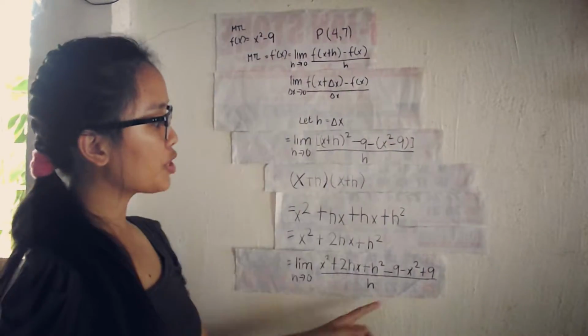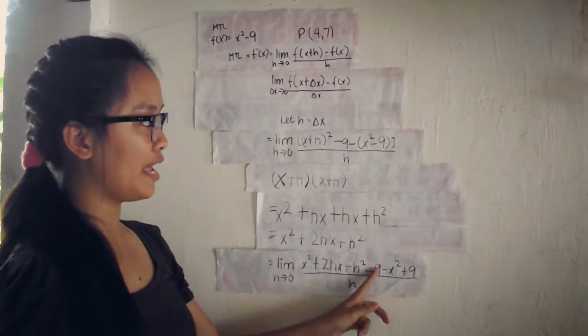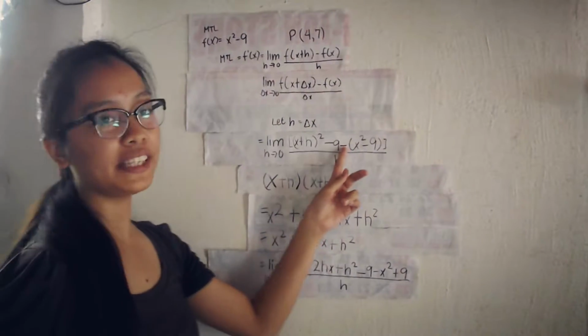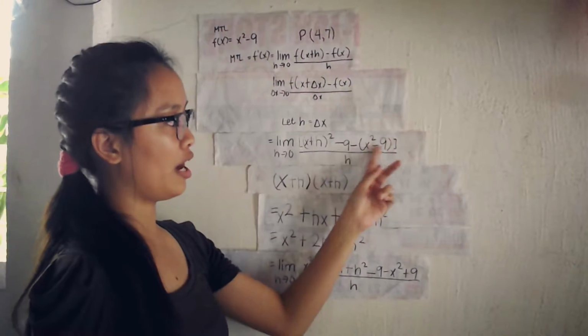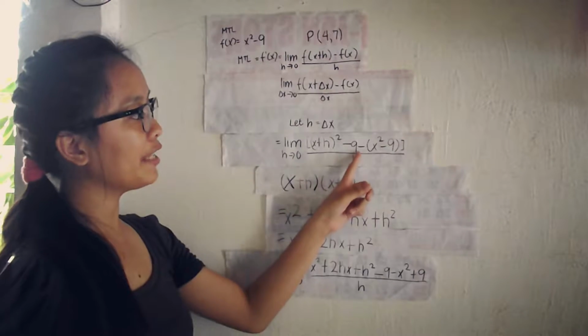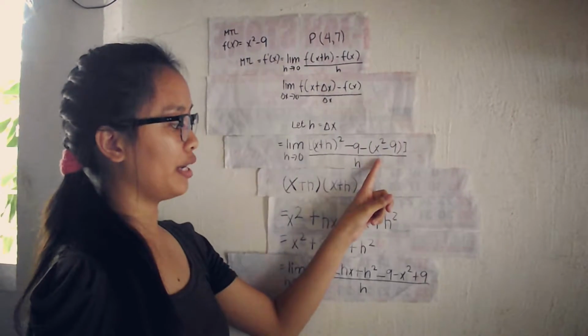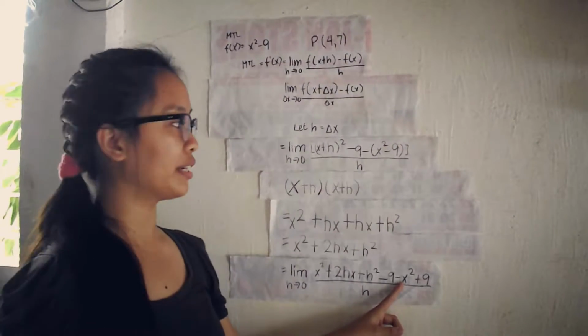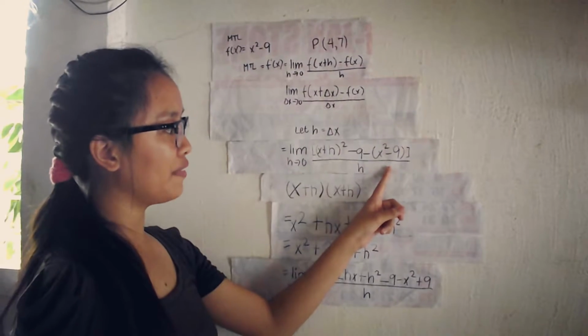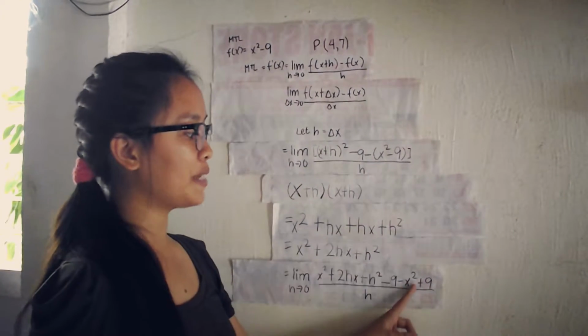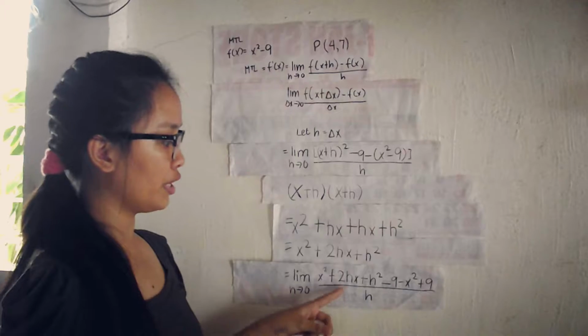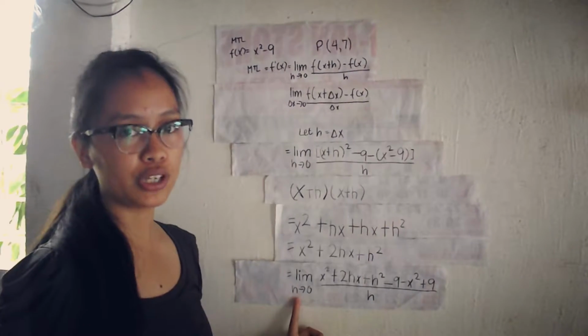So, just copy the negative 9, and then you have to multiply this negative sign to this function. So, negative times x squared, it would be equal to negative x squared. Negative times negative 9, it would be equal to positive 9. So, all over h, where h approaches 0.